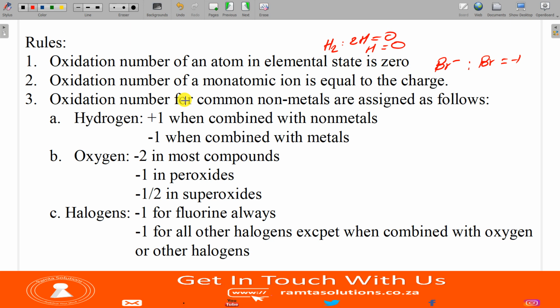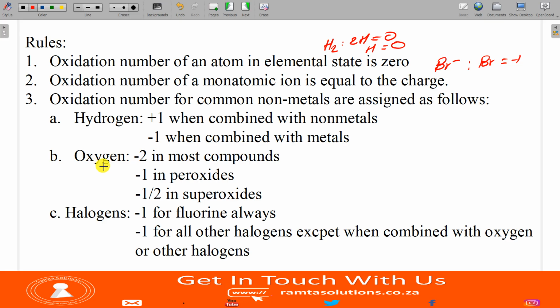You don't have to find it; you must know it. This is why we say there are rules. The oxidation number of hydrogen when bonded with metals will be -1. This is something that you must know.